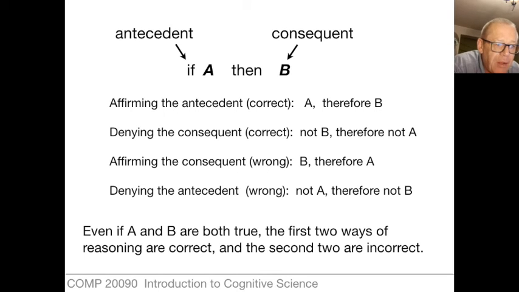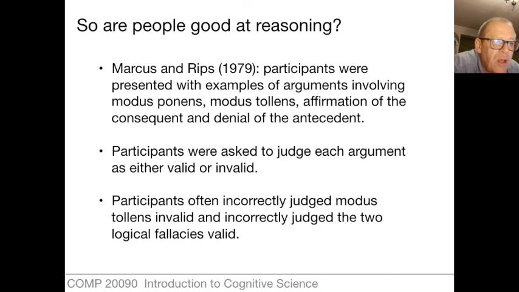So even if A and B are both true, the first two ways of reasoning, modus ponens and modus tollens, are correct, and the second two are incorrect. So we've got kind of a structure now. We could go and set up experiments and check, are people any good? So here, for example, Marcus and Rips in 1979 gave participants in their experiment, who are always students in American psychology programs, examples of arguments involving modus ponens, modus tollens, affirmation of the consequent, and denial of the antecedent.